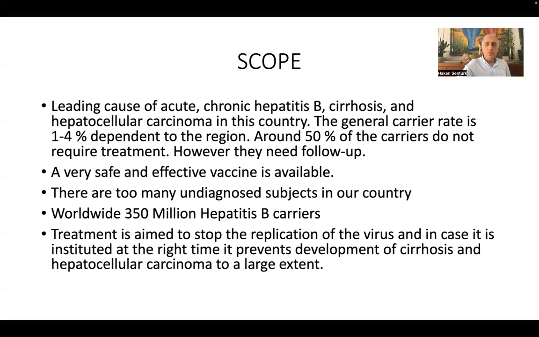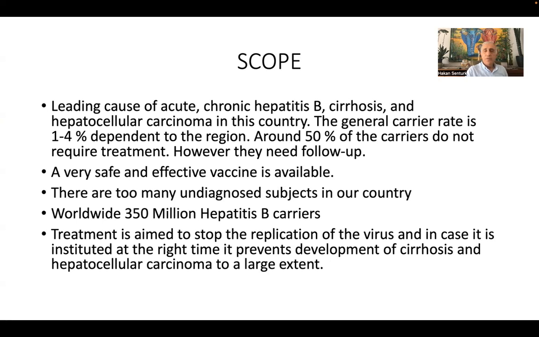That's a pity because if we diagnose, we can treat effectively. But if we do not treat, these patients will develop liver cirrhosis. And worldwide, there are 350 million hepatitis B carriers. So this is still a serious health problem.